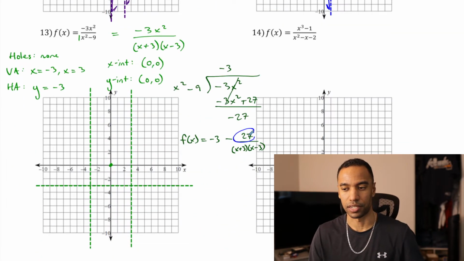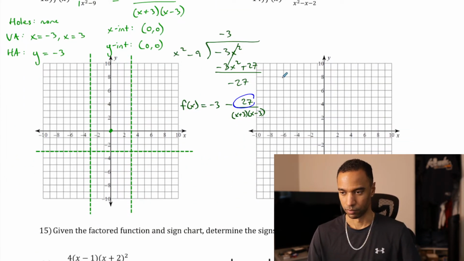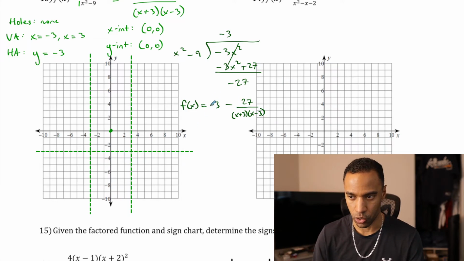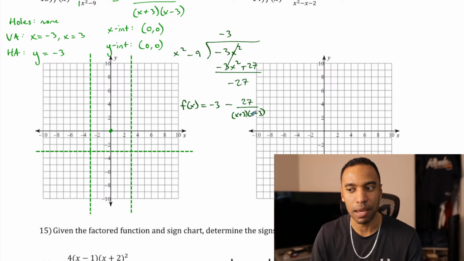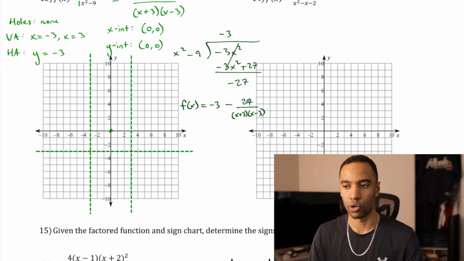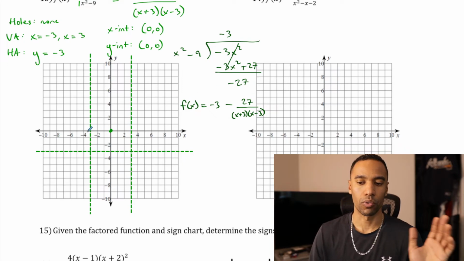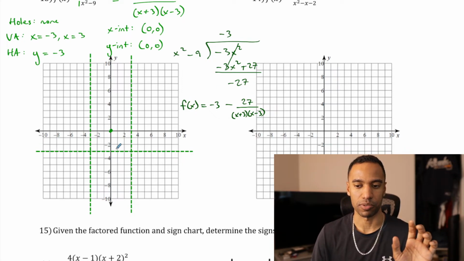This one's just a constant, negative 27. That can't equal 0 on top. That means your remainder can't ever be 0. That means you're never going to hit y equals negative 3 because you're always adding or subtracting something to this, except at the vertical asymptotes. But you're always subtracting something or adding something here, right? Because you can't get a 0 up here. So what this is saying is you never touch this asymptote. It's never going to be touched.